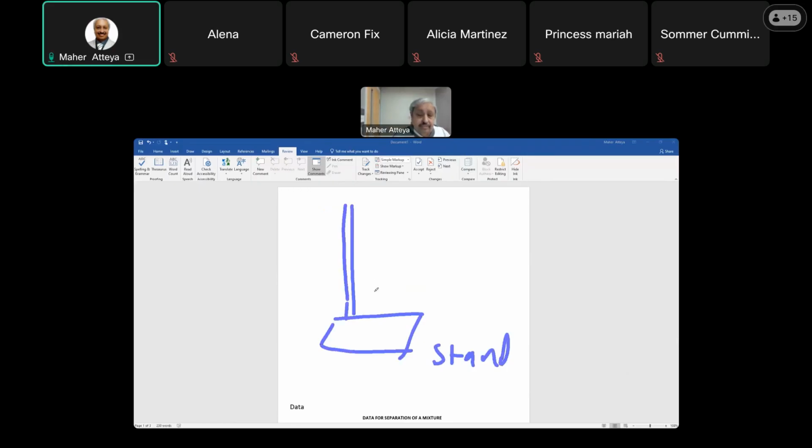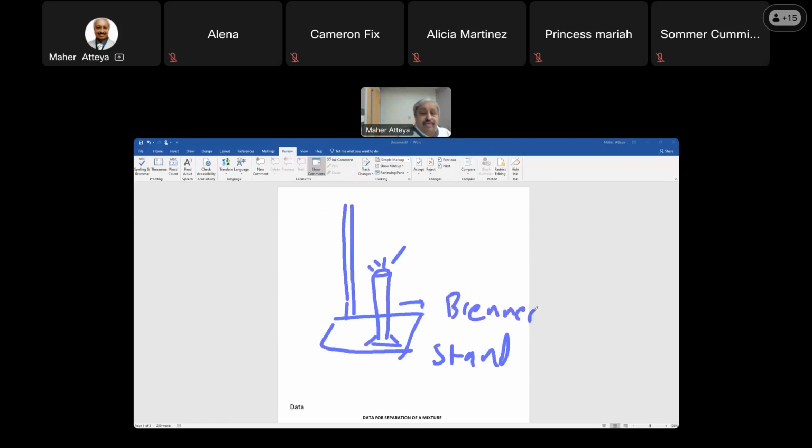This is your Bunsen burner. This is a burner here. And then you'll get an O-ring. And this is shown inside, an O-ring.